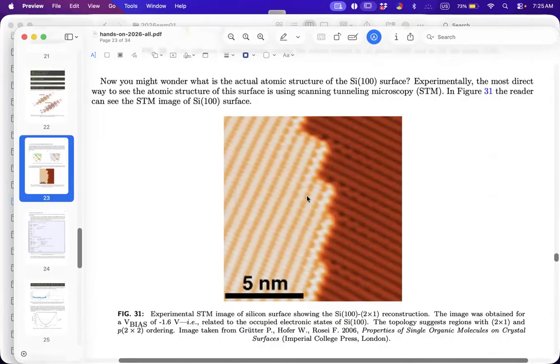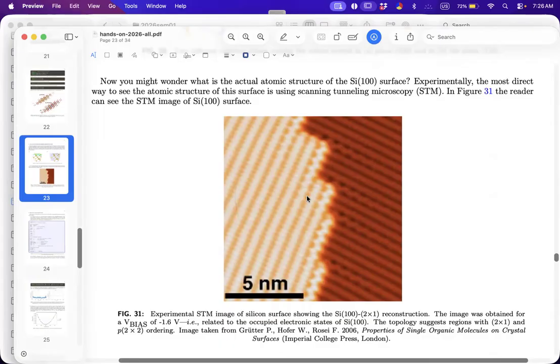So if you see the tip here, you see here the atoms. Here's a step here. So the tip comes here, right? When the tip is close enough, some current will happen here. So there will be a current here. This is what we call tunneling current. And it depends on the voltage, right? So you can apply a voltage here.